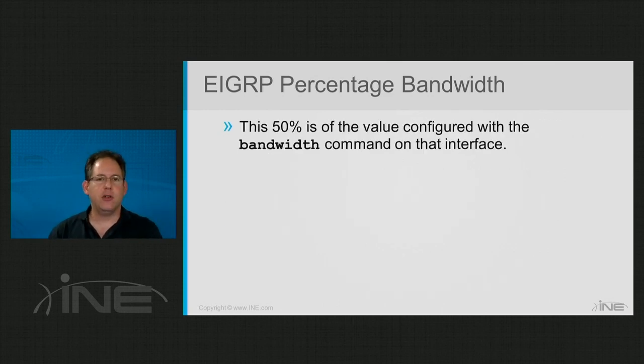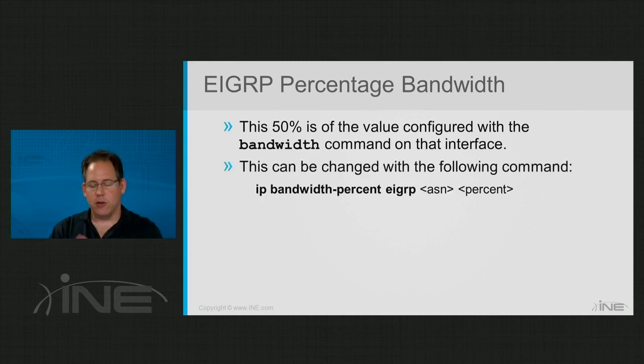Now, of course, you can use the bandwidth command to modify that. And sometimes the bandwidth that EIGRP assumes on an interface might not really be what's available to it. It might have something less available to it. And we'll talk about that in just a second here.